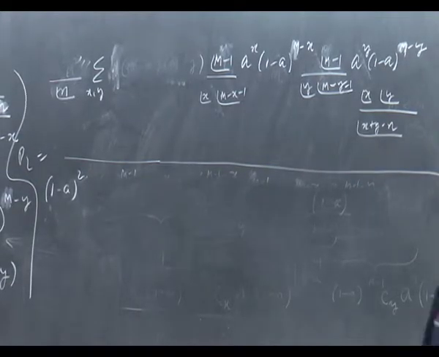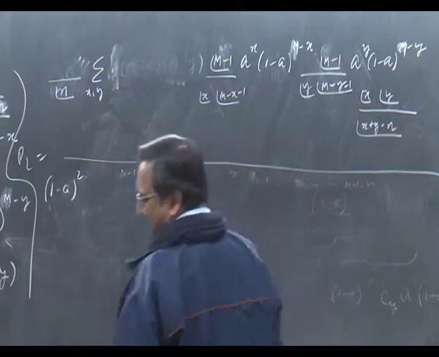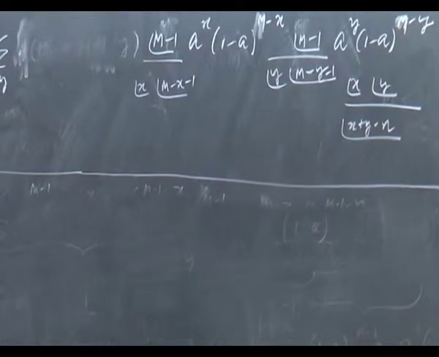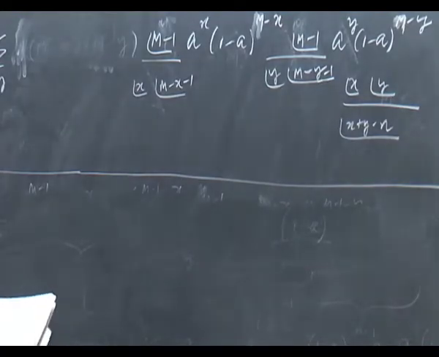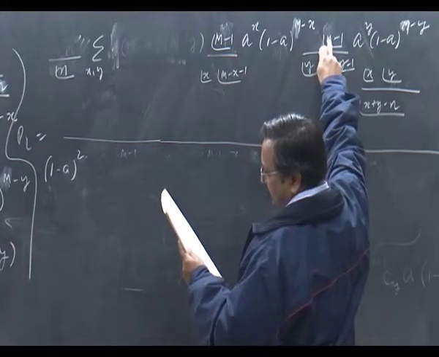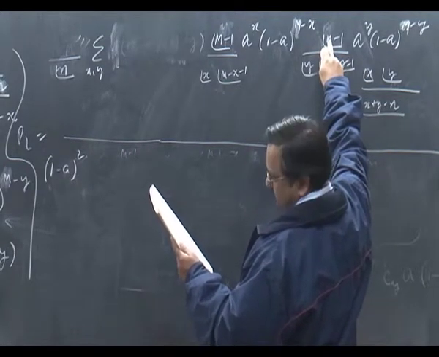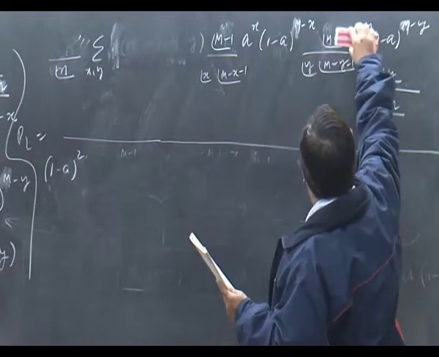Now let's look at the top stuff, what we can do. I have to use some trick here now. M minus 1 factorial square can be taken out. So this is no more required.